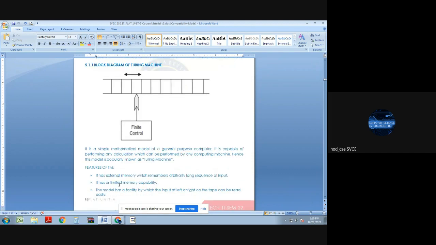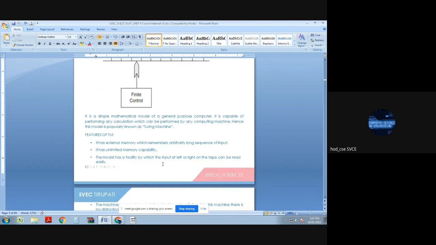It has external memory which remembers arbitrarily long sequences of inputs, and it has unlimited memory capability. This model also allows input on the left or right of the tape to be read easily, because the read-write head can move to the left side or right side.